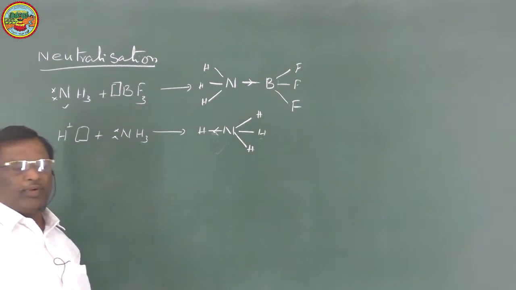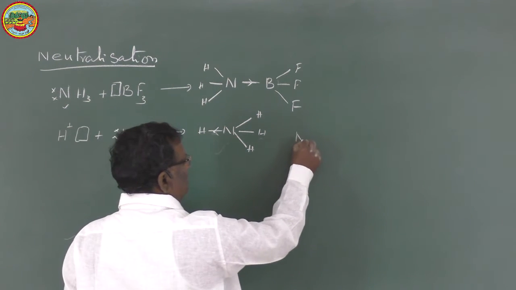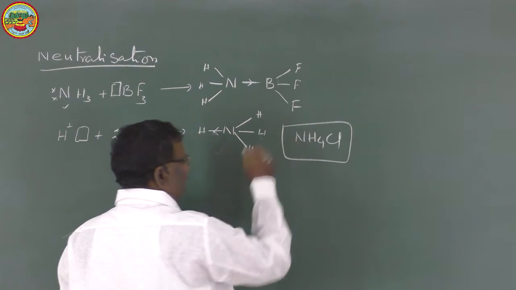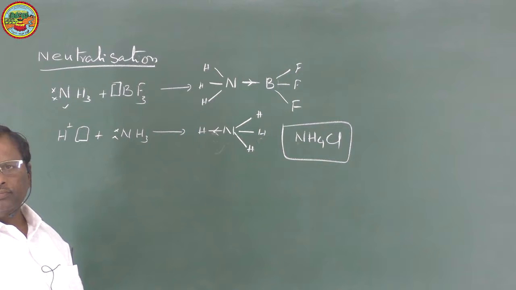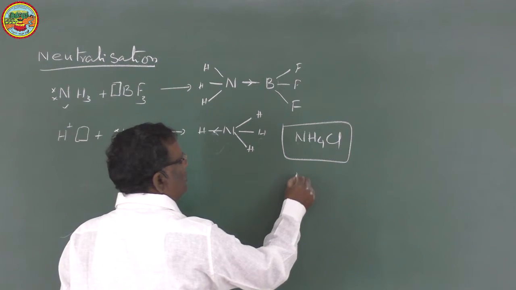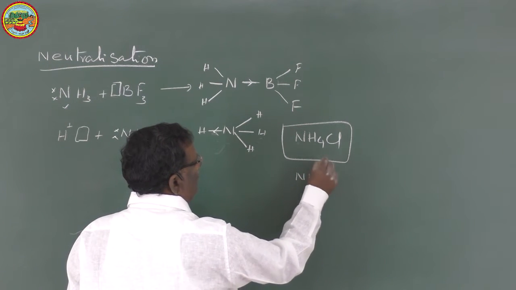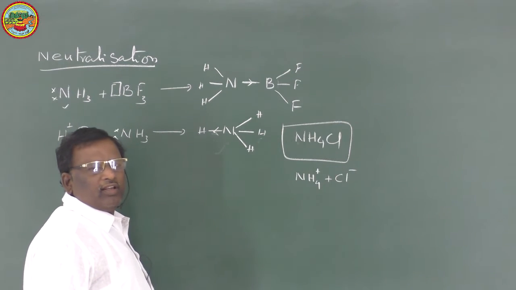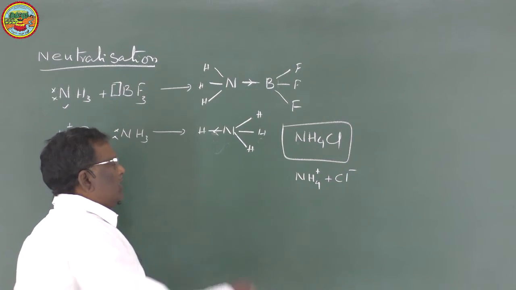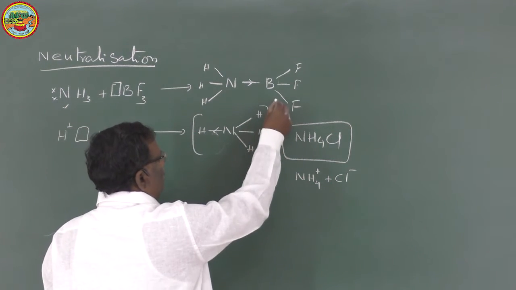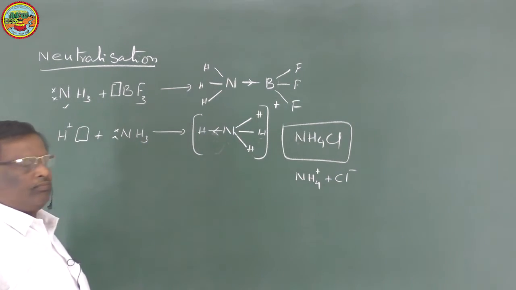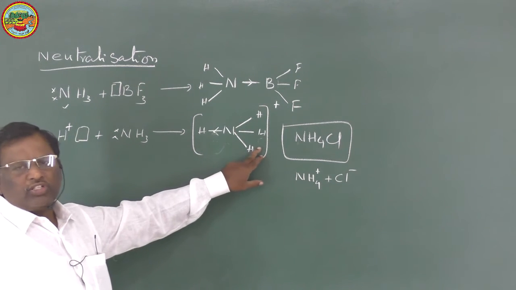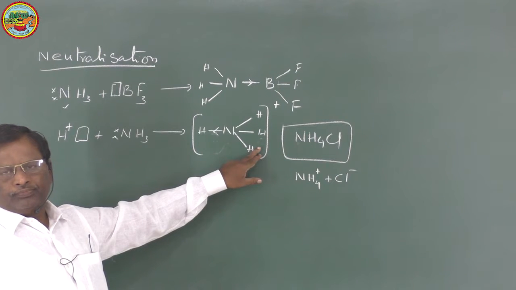Sometimes in competitive examinations, they ask how many types of bonds are present in NH4Cl. NH4 is a positive ion with one unit positive charge. Cl minus is a negative ion. The positive charge remains after the formation of the covalent coordinate bond also.